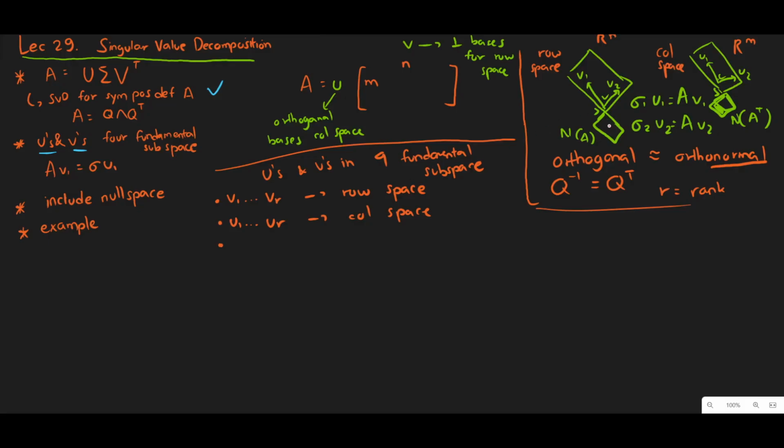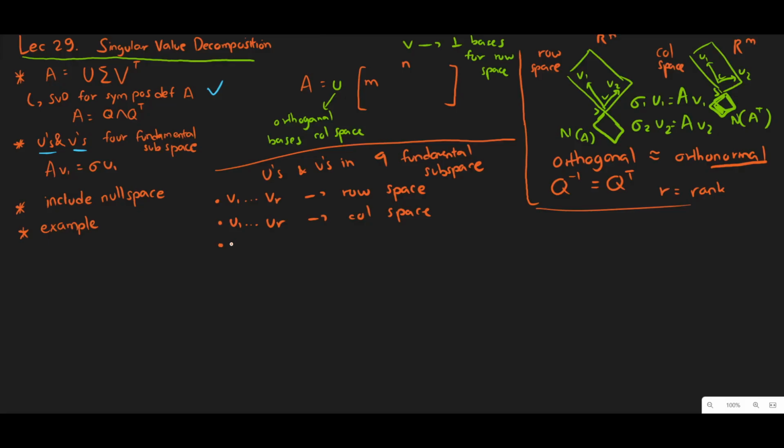But there's also a possibility that our matrix is singular, so we have some vectors that live in the null space and the left null space, meaning the matrix A may not be full rank to begin with.